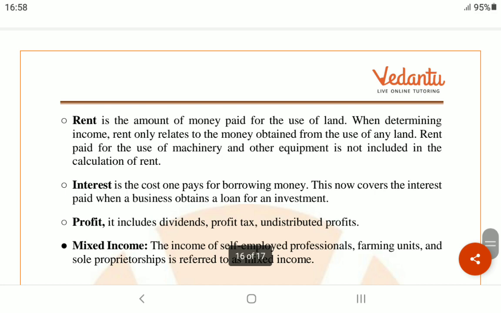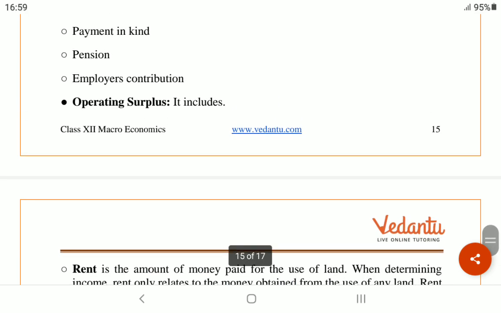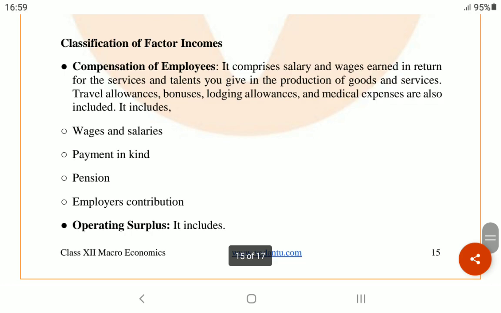Rent paid for the use of machinery and other equipment is not included in this calculation of rent. Interest, it is the cost one pays for borrowing money. This covers the interest paid when the business obtains a loan for an investment. Profit includes dividends, profit tax, undistributed profit. In these three, anything they may ask for 1 mark.